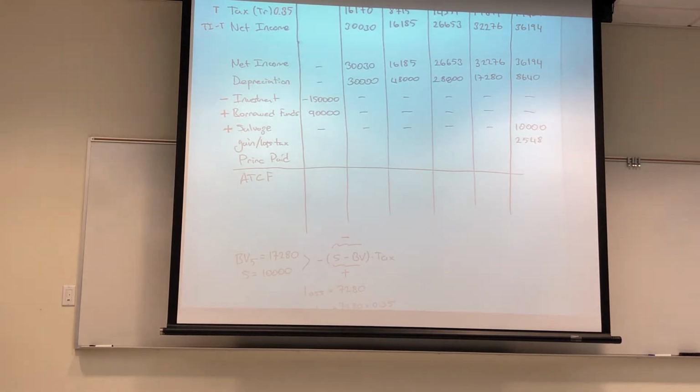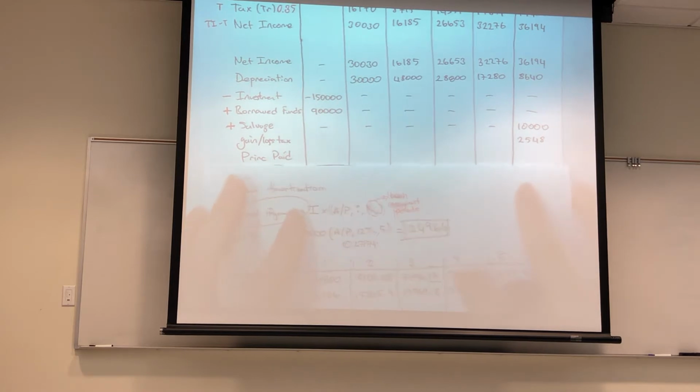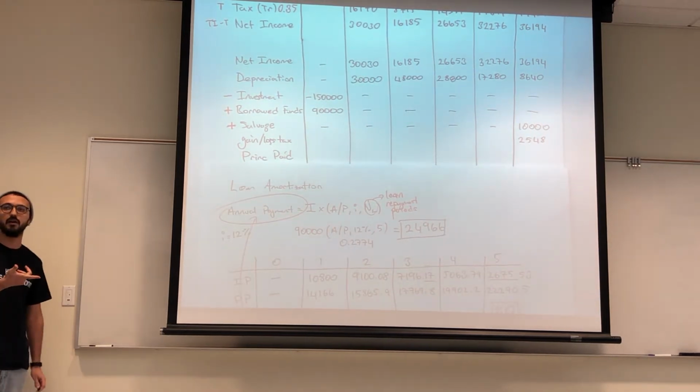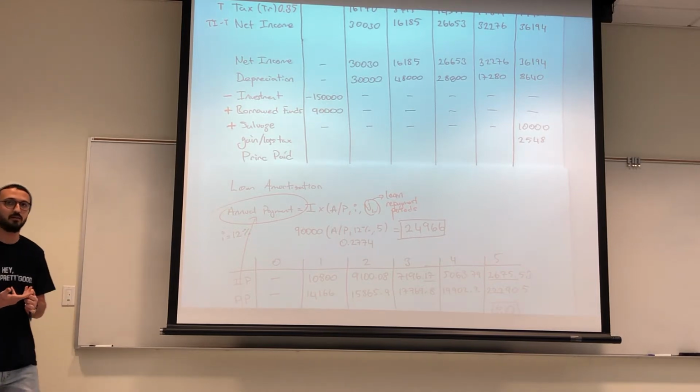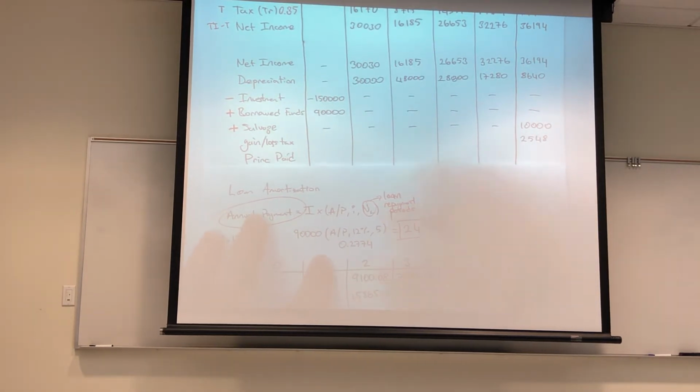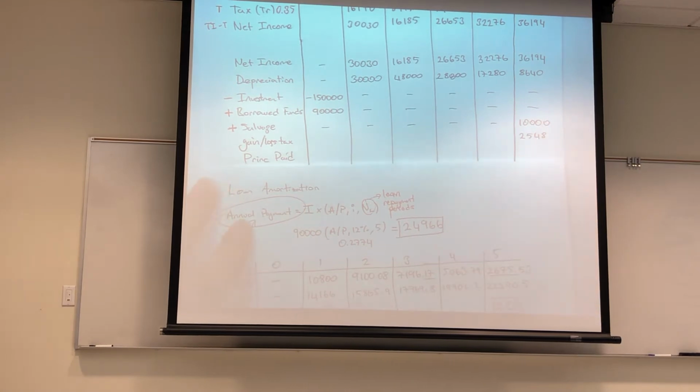We're almost there. We just need the principal paid, because the principal paid actually leaves our pocket, right? And we cannot show it as a cost because it's in the investment we made. So we're going to put it here. Principal paid.